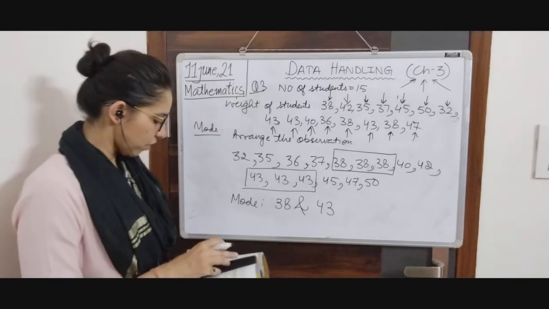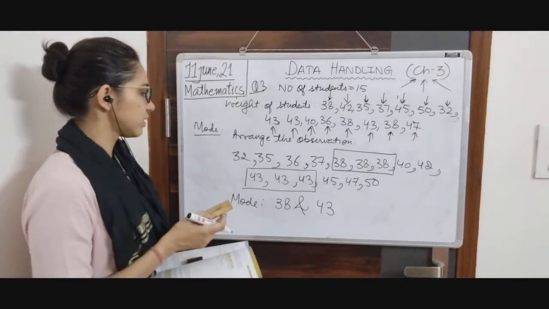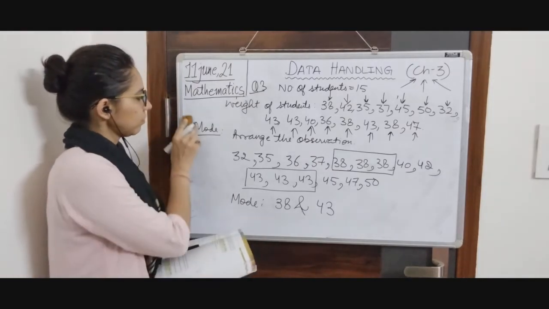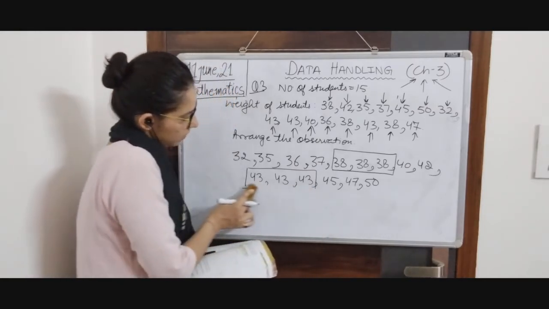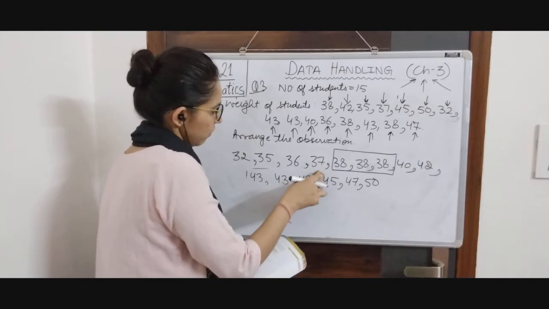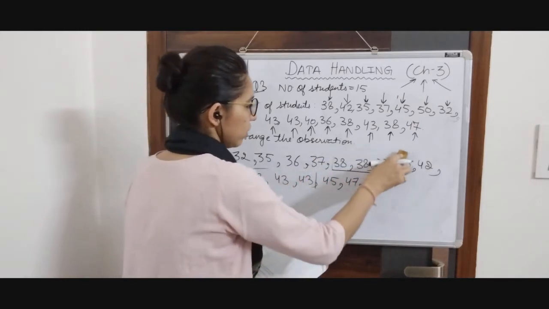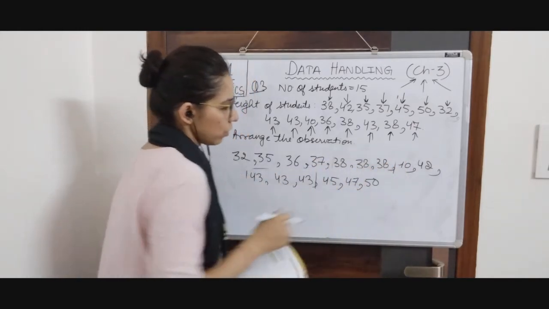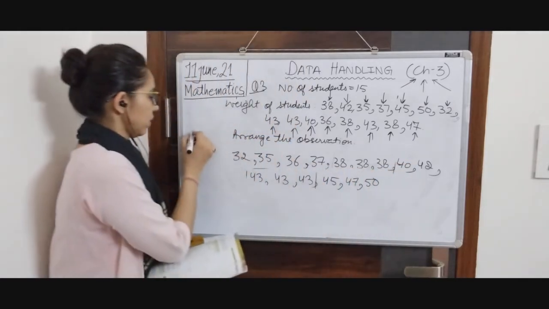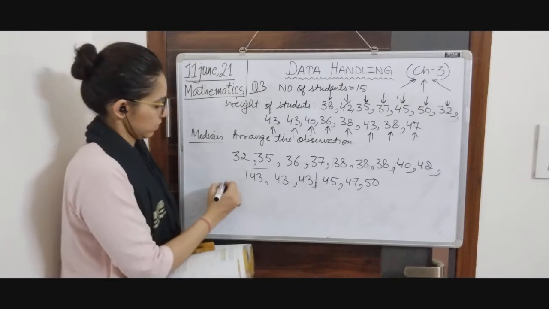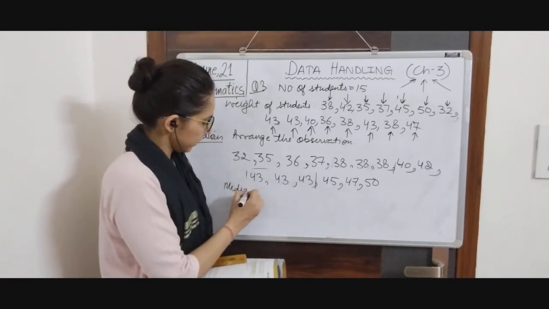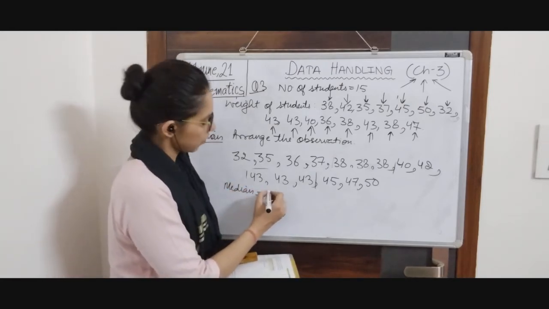Then we will find out the median for this question. For median we will use the same arrangement of data. Median is your middle term. Number of students is 15.